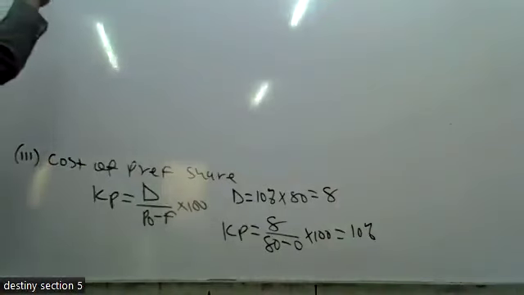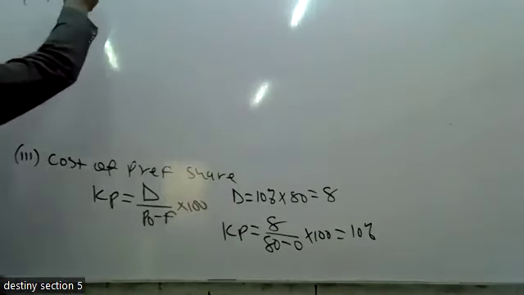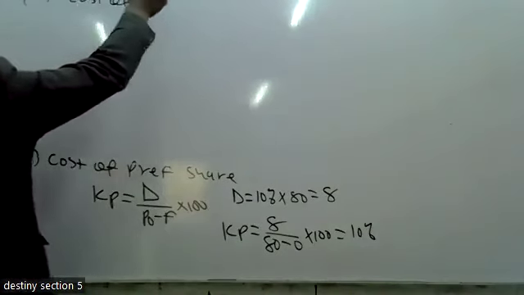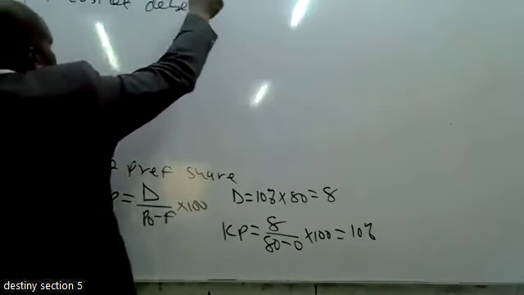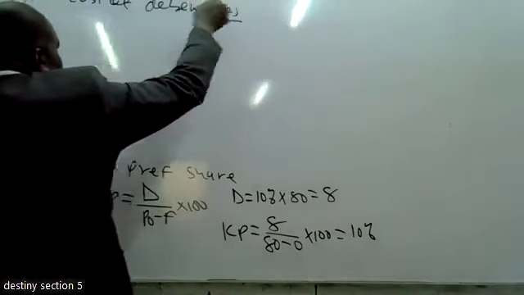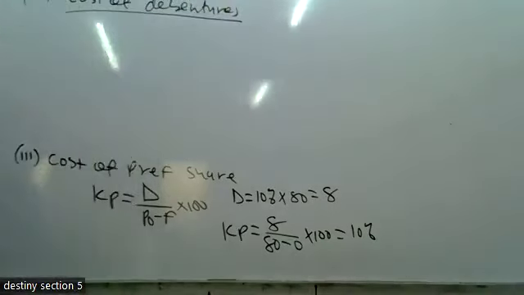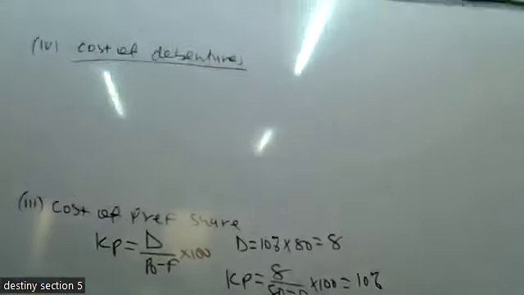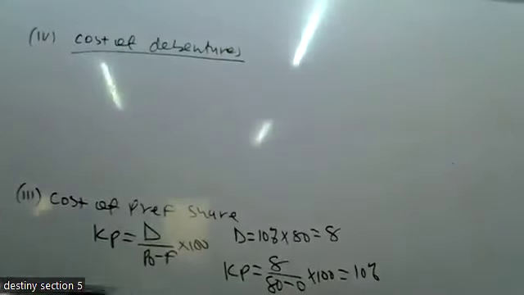So to get the cost of the debentures, now these debentures are irredeemable. So you go to note number 4.